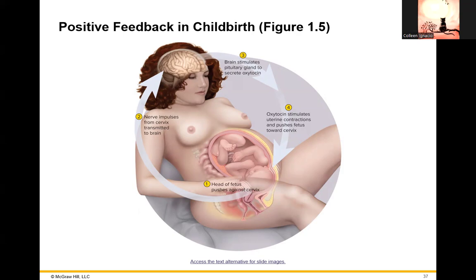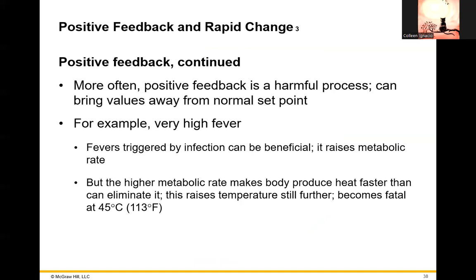The brain stimulates the pituitary gland to produce oxytocin, and the pituitary gland is the master gland, by the way. And oxytocin stimulates uterine contractions and pushes the fetus towards the cervix. So that's positive feedback.